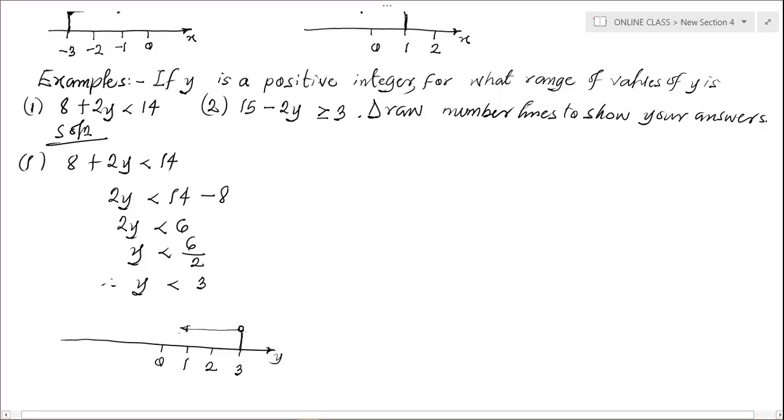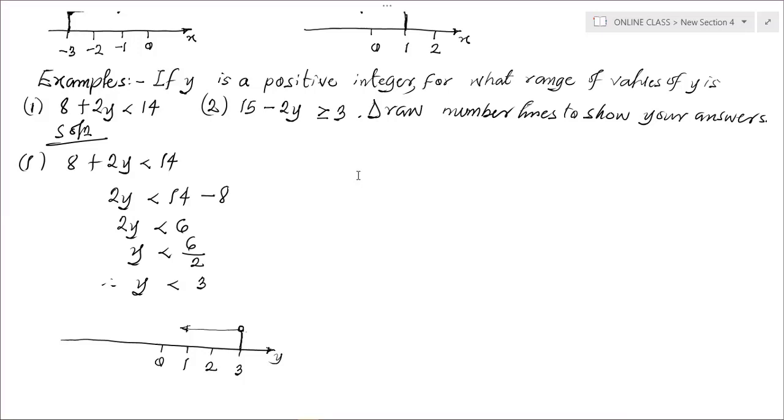Okay, you can write that one and solve number 2. 15 minus 2y is greater than or equals to 3. The minus 2y is greater than or equals to 3 minus 15. The minus 2y is greater than or equals to minus 12. And I have y is greater than or equals to minus 12 over minus 2.